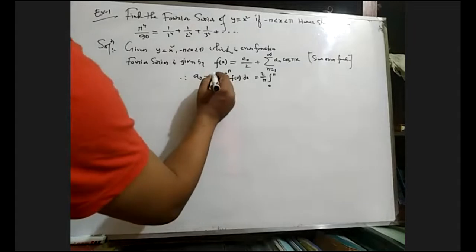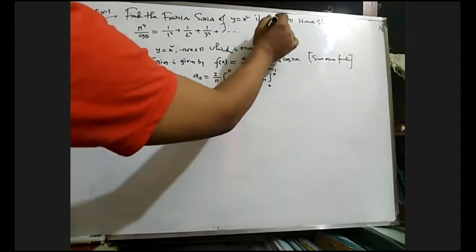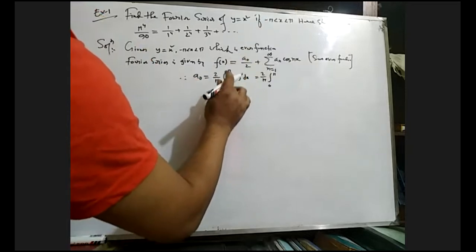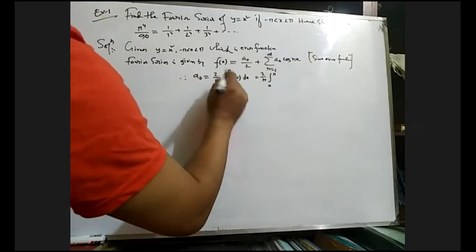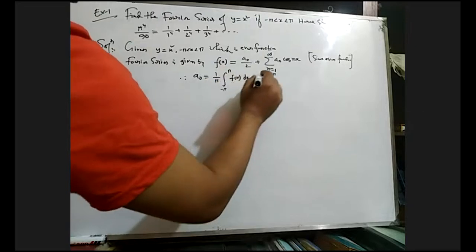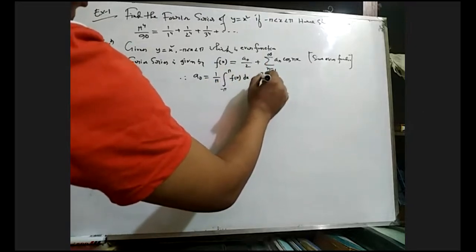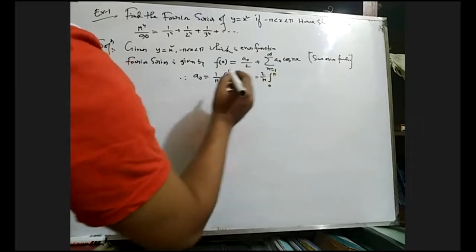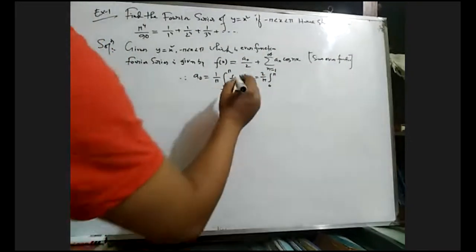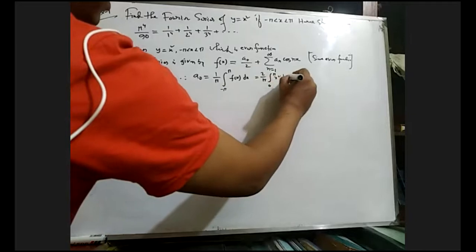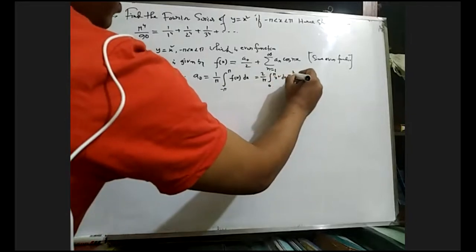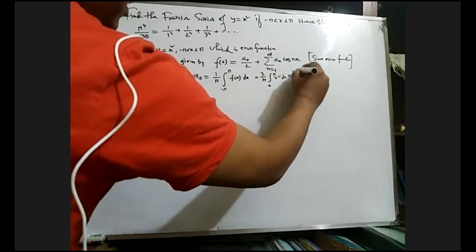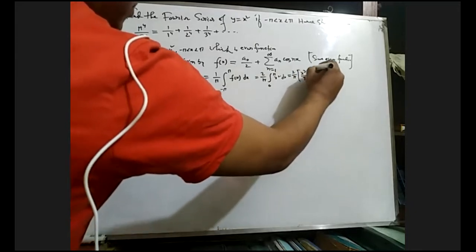Remember this, for this 2 multiplication we can write 0 to pi, otherwise the range will be minus pi to plus pi. We can write this also, but 2 will be absent for this. So if we multiply it by 2, then we can write this limit 0 to pi by using the properties of definite integral. f of x equals x square dx.